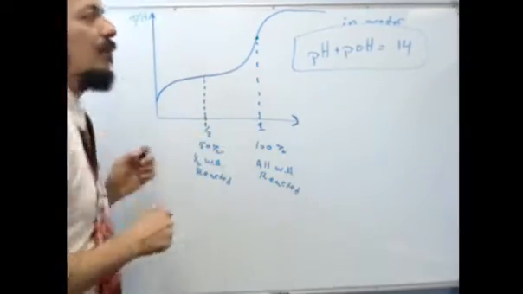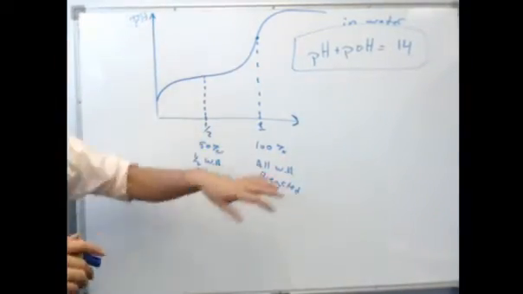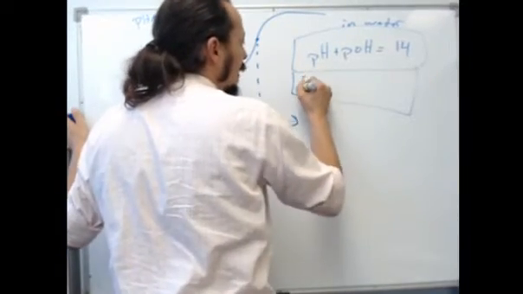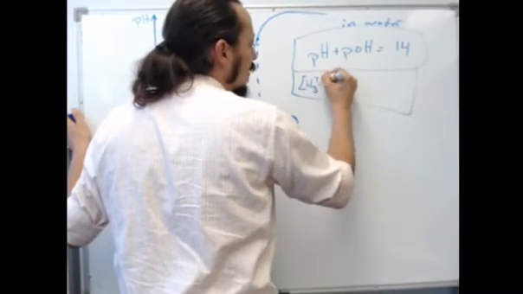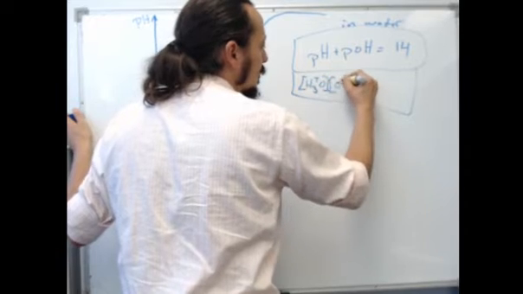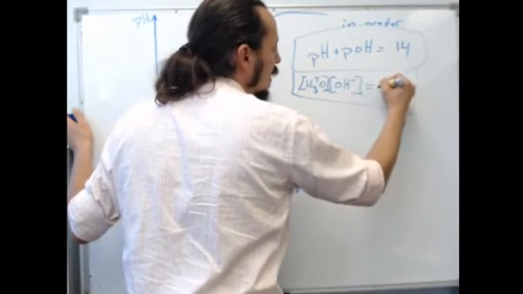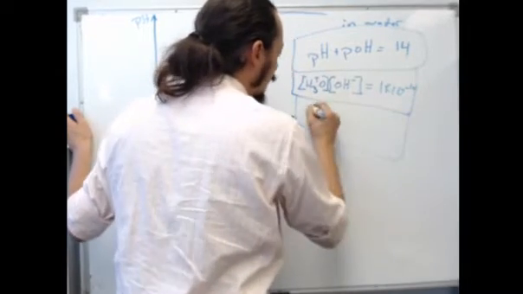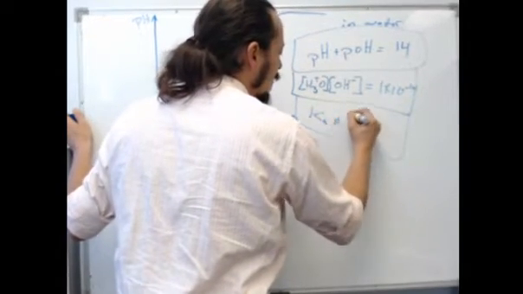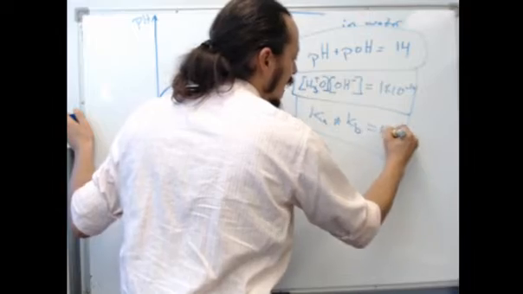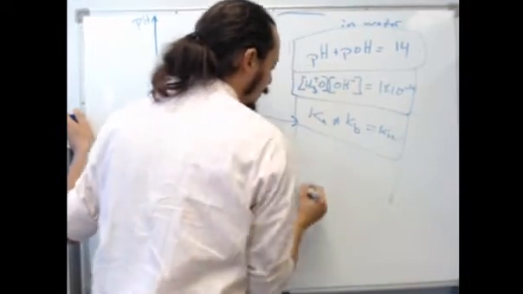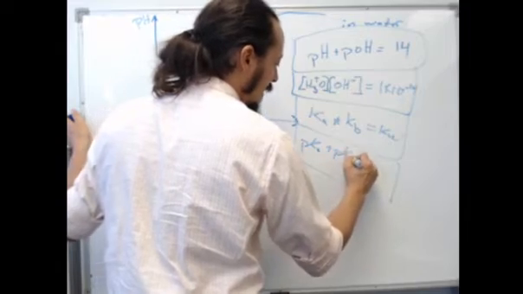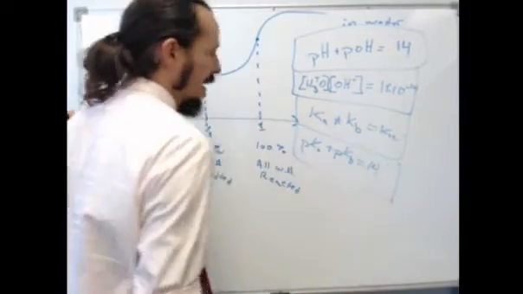The equilibrium of water, the autoionization of water, essentially gives us this definition, which we can write a few different ways. We can also write this as H3O plus concentration times OH minus concentration equals 1 times 10 to the minus 14. And then we could also write this as Ka times Kb equals Kw. And we can also write this as pKa plus pKb equals 14.